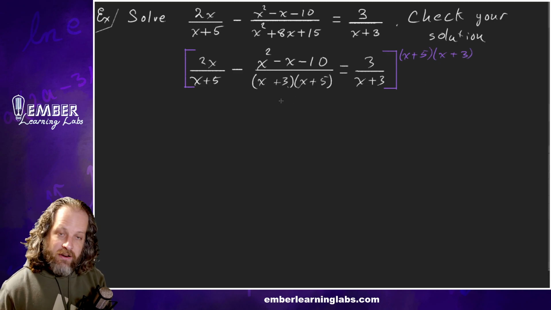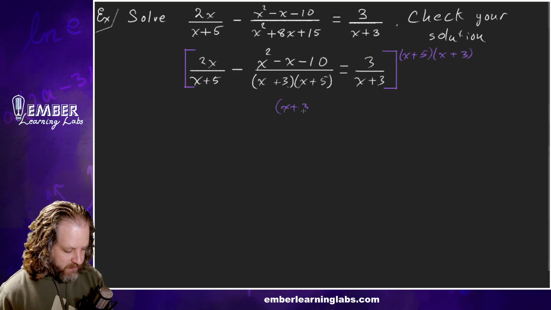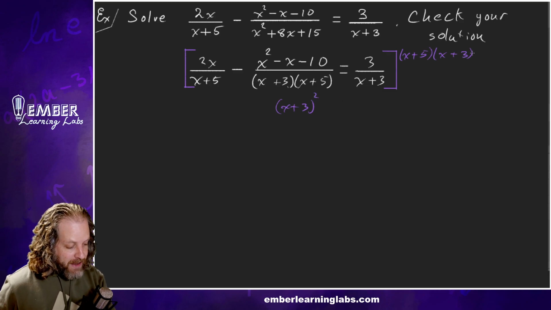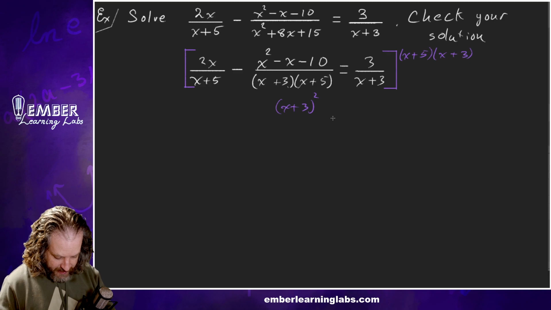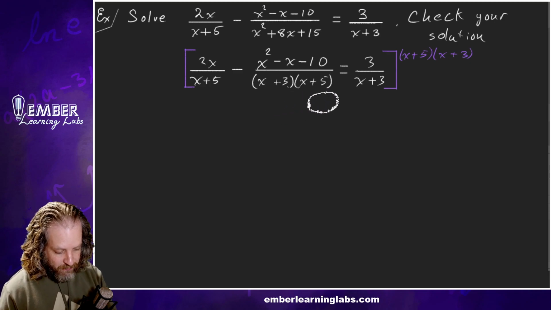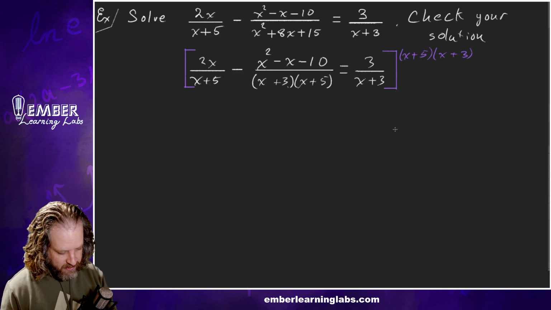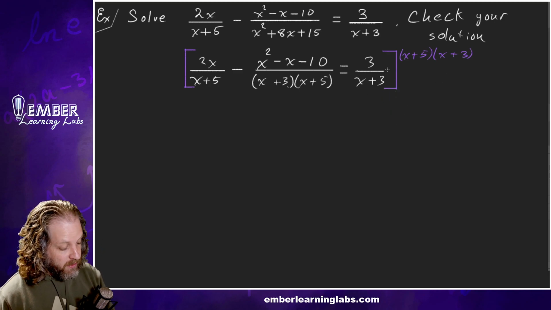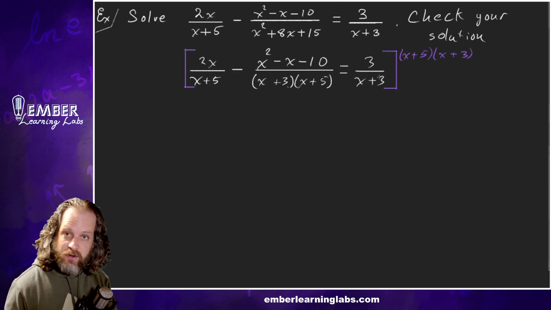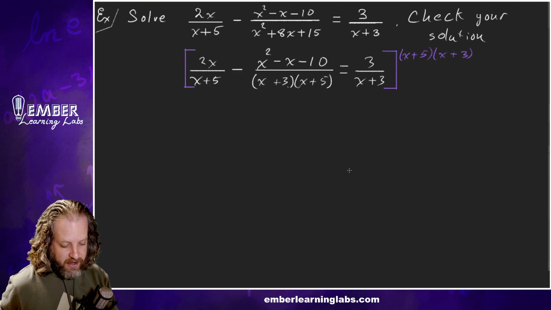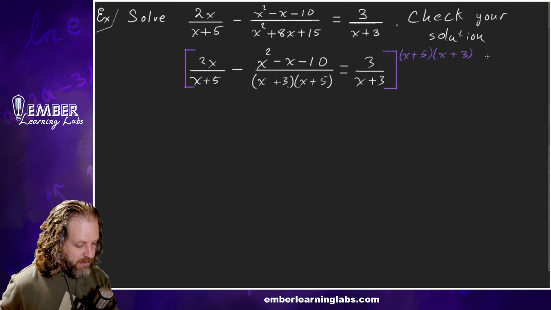If this down here was x plus 3 squared or something like that, then we would have to have 2 of them up there. But unless it repeats in the same fraction, you don't have to repeat. You just list them once. So I wouldn't list another x plus 3 for this one, because we already have an x plus 3 for that one. So there is our least common denominator.